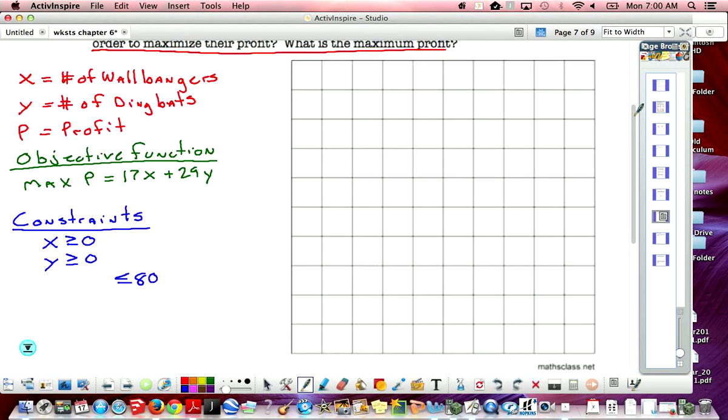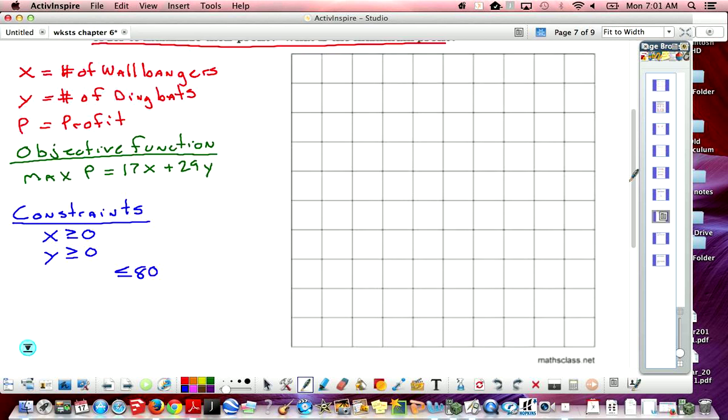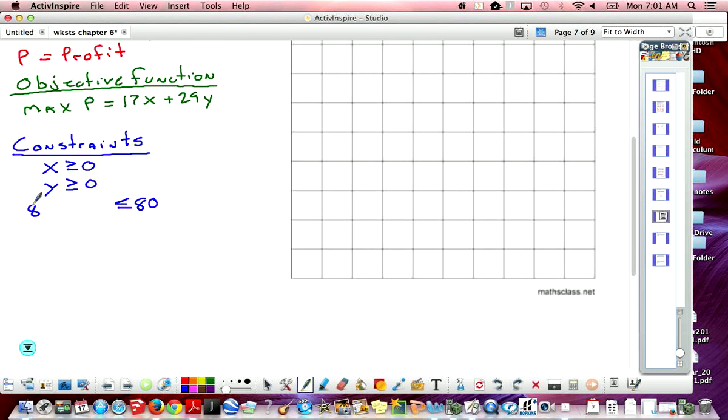Well, how much time does it take to trim and turn on a lathe for these bats? Wall bangers take 8 hours, okay, while a dingbat takes 5 hours. So we'll have 8x plus 5y has to be less than or equal to 80.